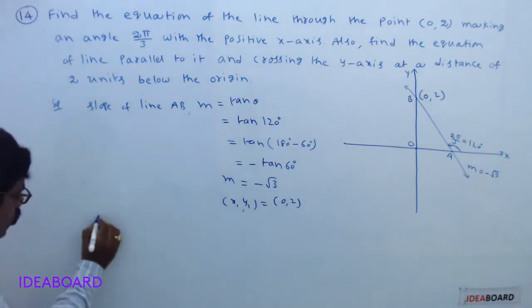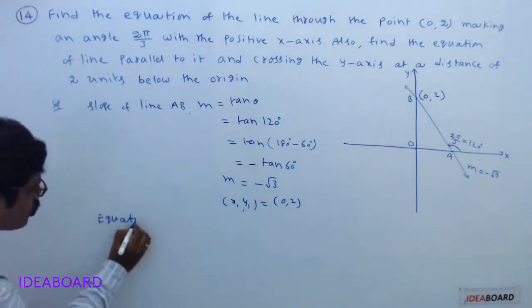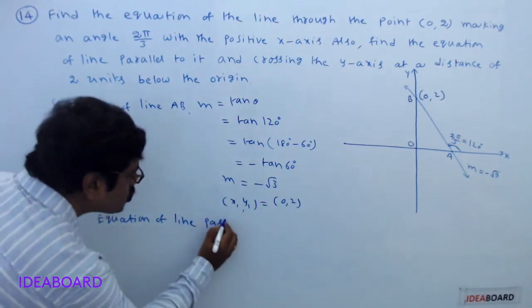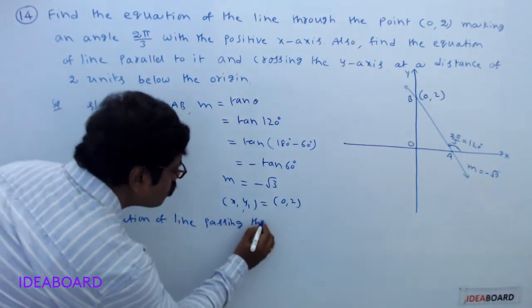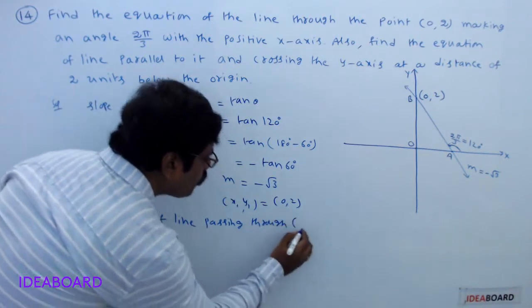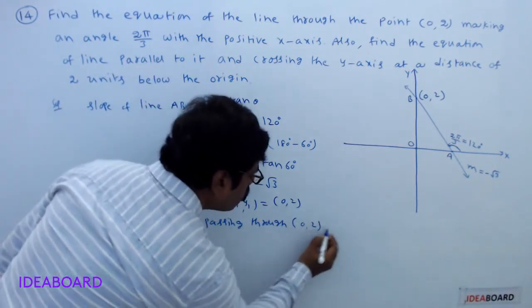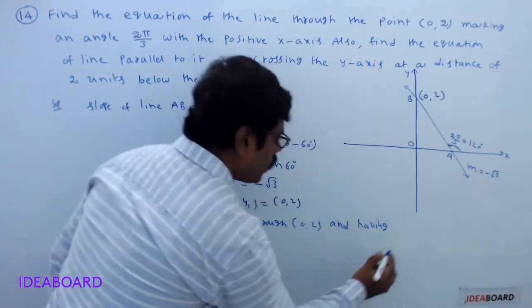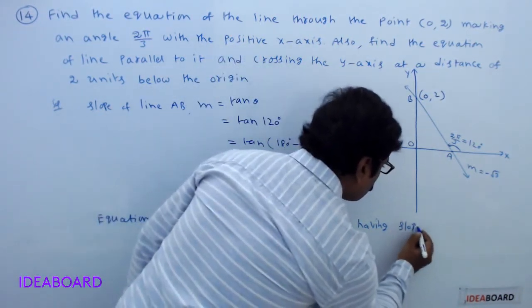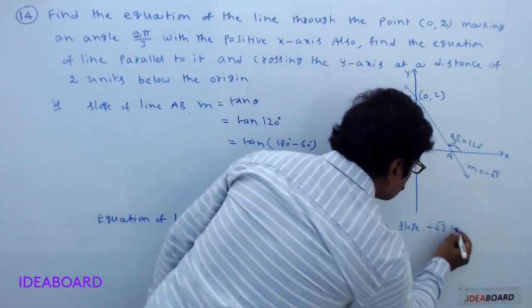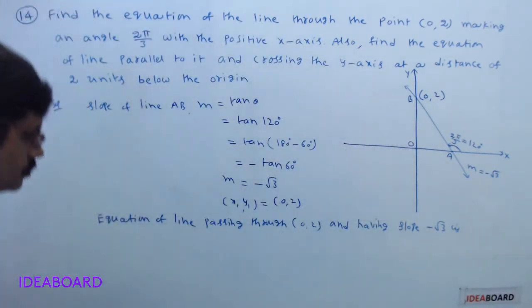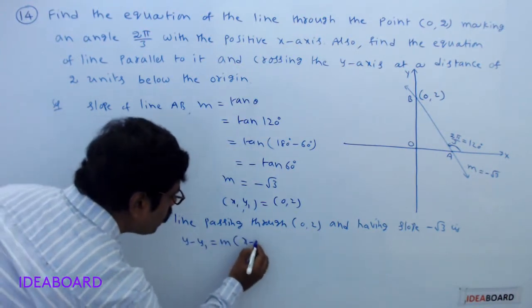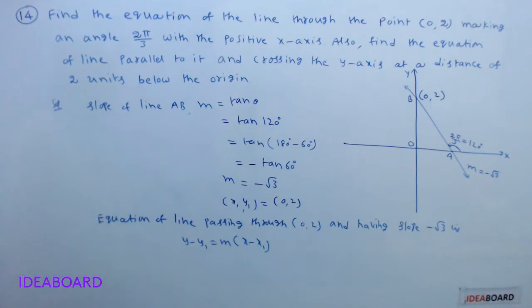So therefore equation of line passing through 0, 2 and having slope minus root 3 is y minus y1 equals to m into x minus x1.